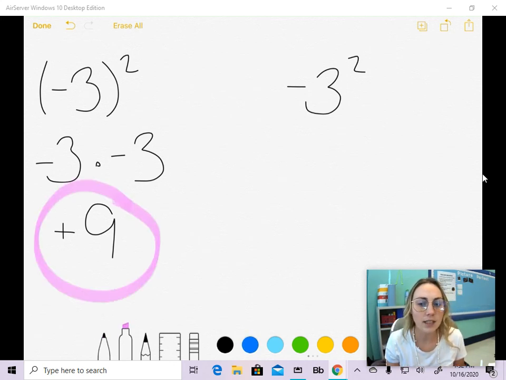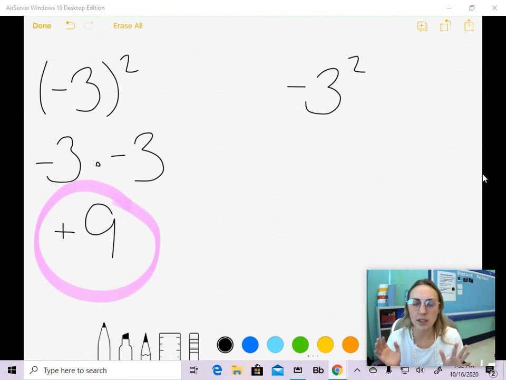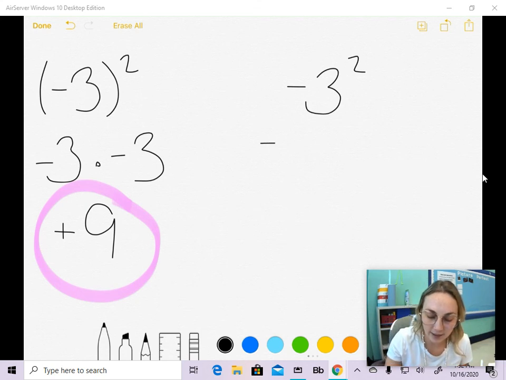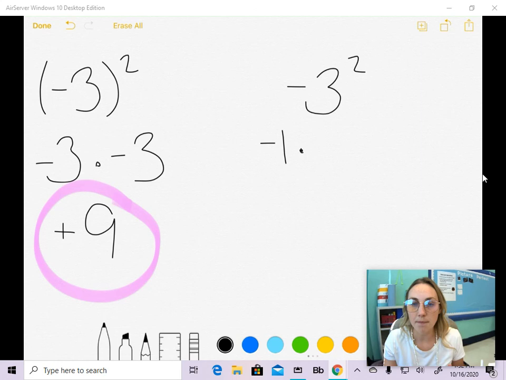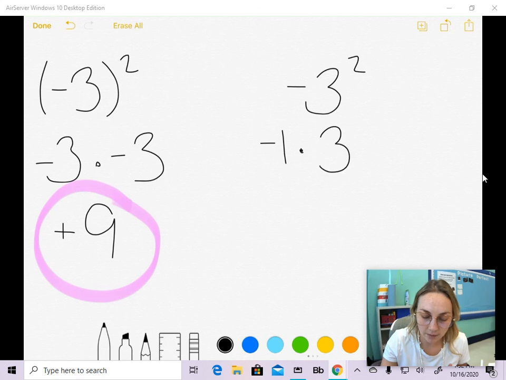But that's not going to be the case for the negative base without parentheses next to it, and let me show you why. When you have a negative in front of a number, that is the same as having a negative 1 multiplied by that number. So in this case, the 3's are multiplied by each other, 3 times 3.